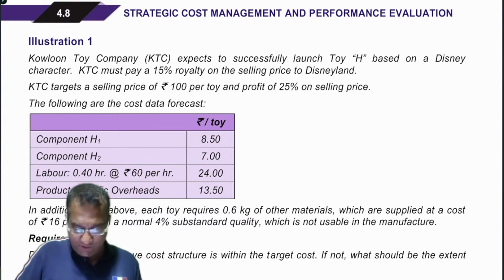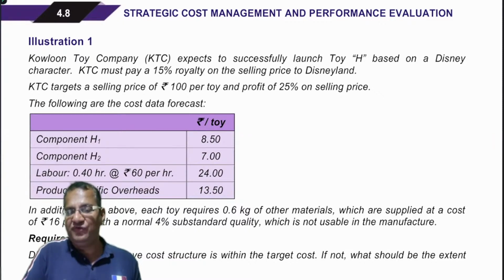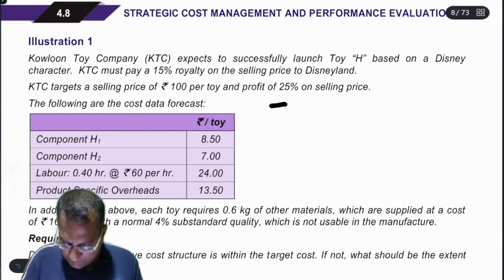So the first step is given to us: the target selling price is ₹100, and the target profit margin is 25% on selling price, that is ₹25. So the target selling price is ₹100.